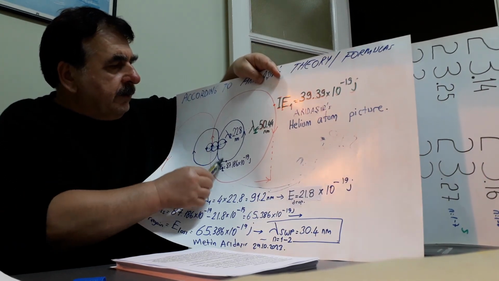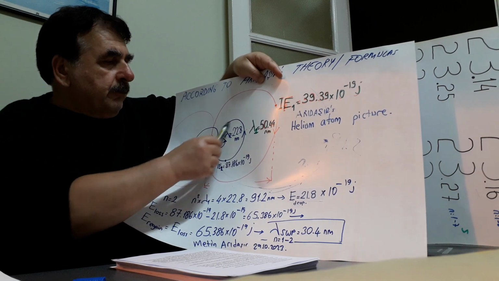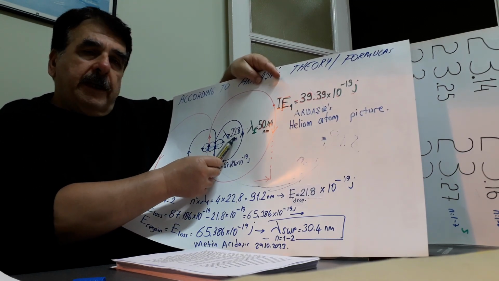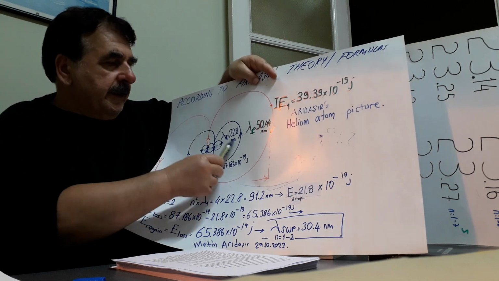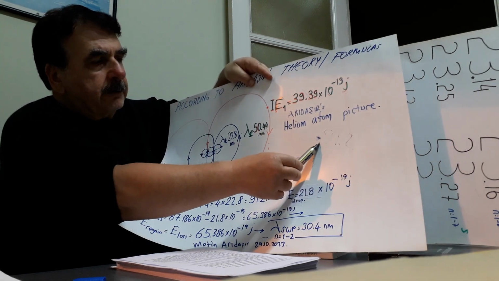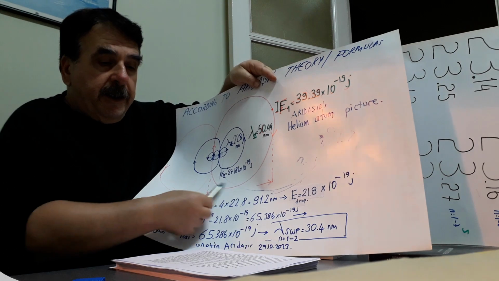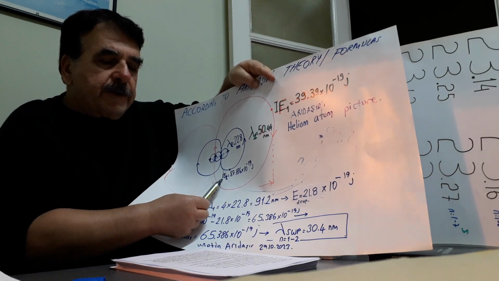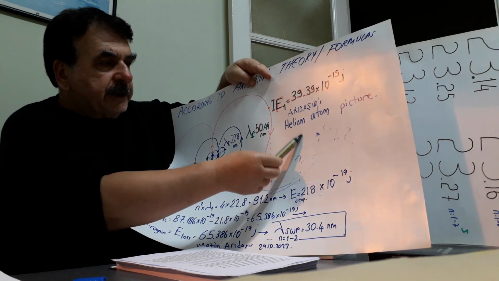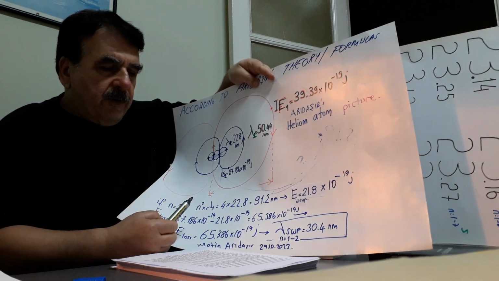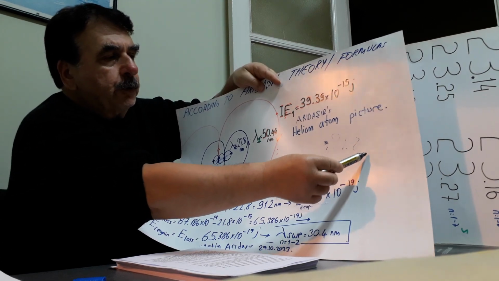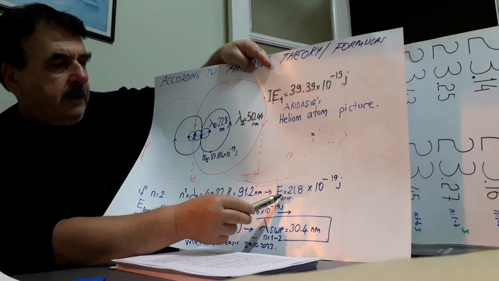And this electron motion form, the smallest, 22.8 wavelength size electron motion form, now by expanding, okay, loses the energy value corresponding to this 91.2 nanometer.